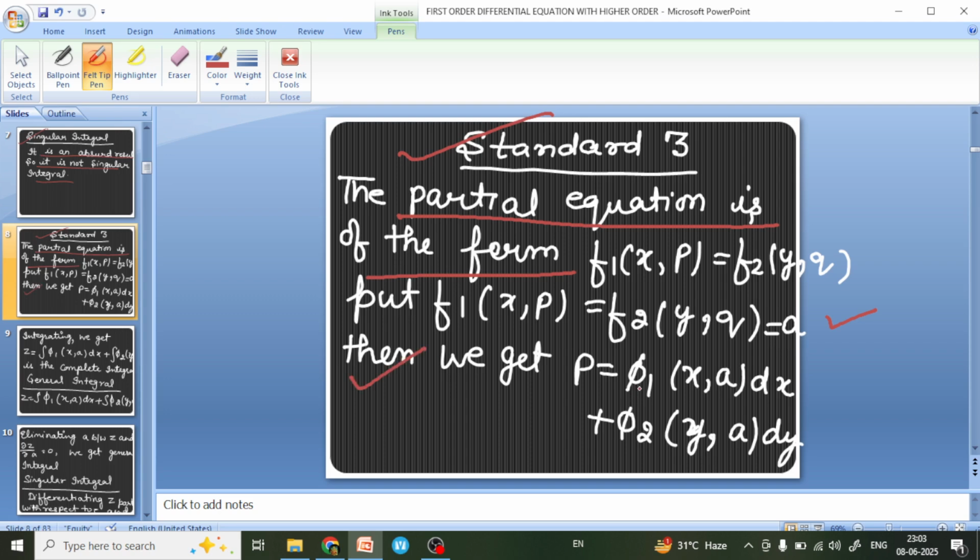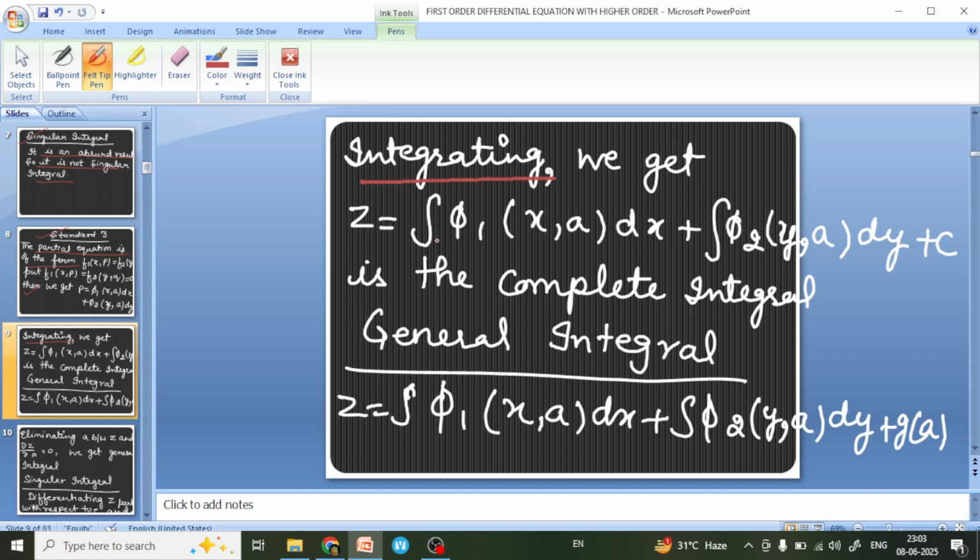Then we get p equals phi 1 of x comma a, so dz equals phi 1 of x comma a dx plus phi 2 of y comma a dy. Integrating, we get z equals the integral of phi 1 of x comma a dx plus the integral of phi 2 of y comma a dy plus c, and it is a complete integral.